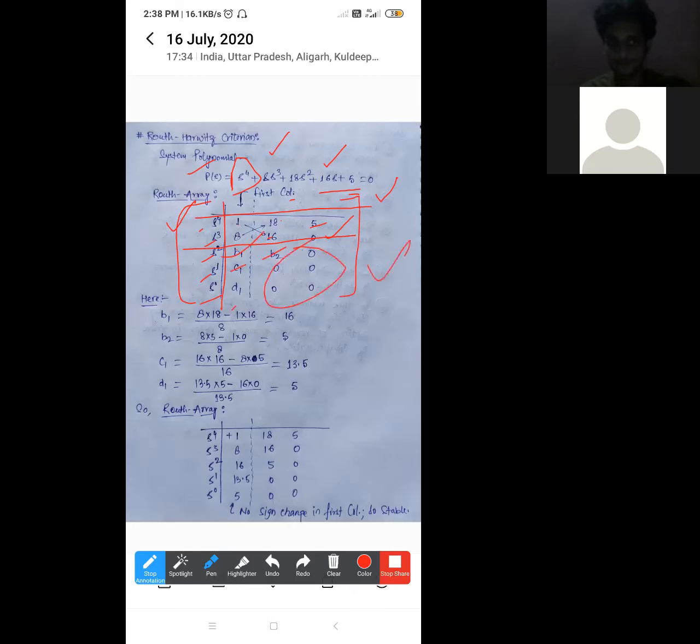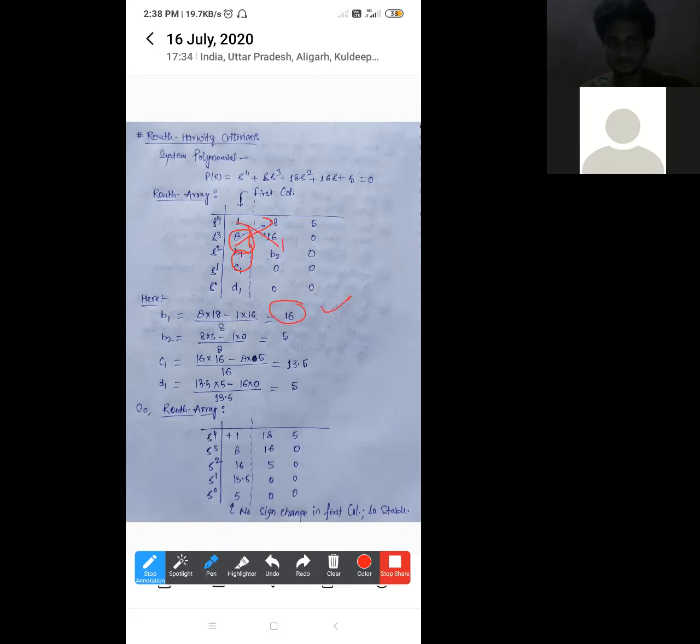There is one procedure for calculating these. For B1, the technique is this into this, minus this into this, divided by this. So (8 into 18 minus 1 into 16) divided by 8. If we calculate this, it is equal to 16.